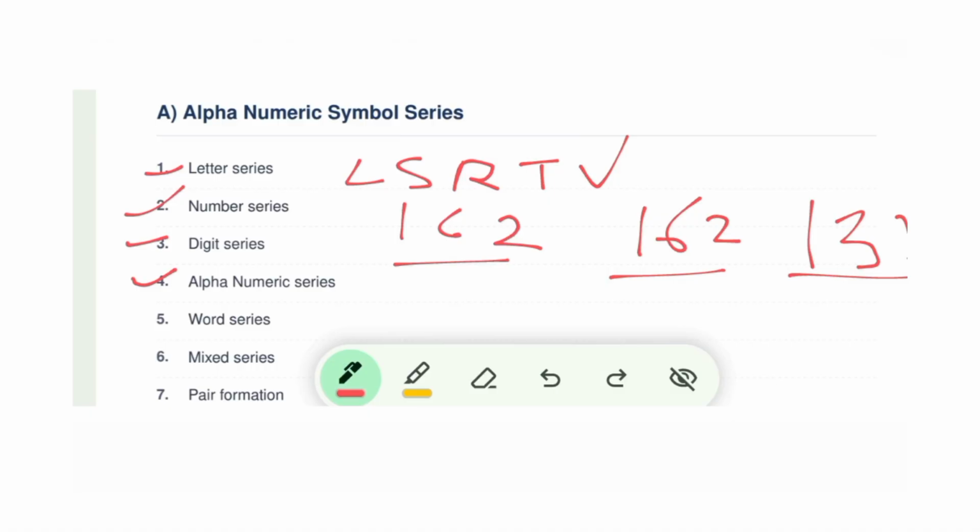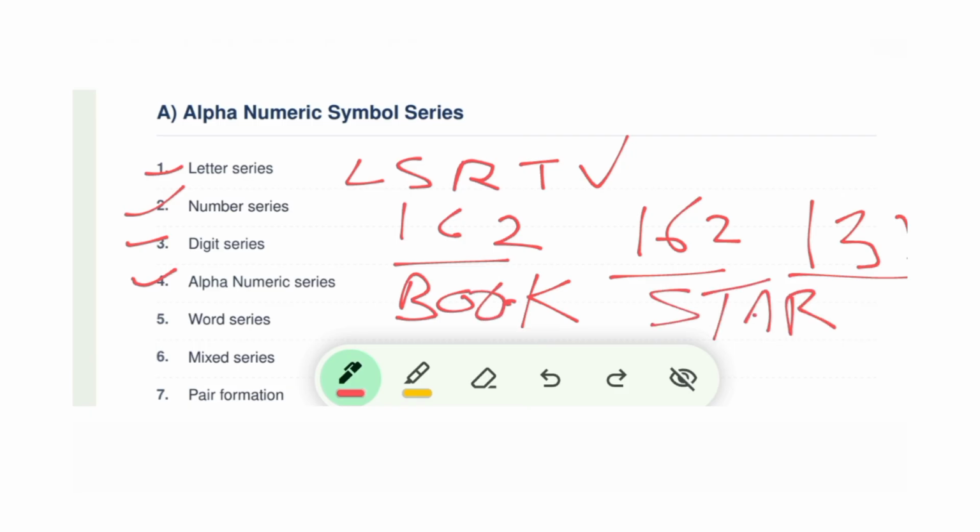Repetition is also allowed. Then there is a word series. Similar to a digit series, there are words like book, star, and any kind of meaningful or non-meaningful word can be there.